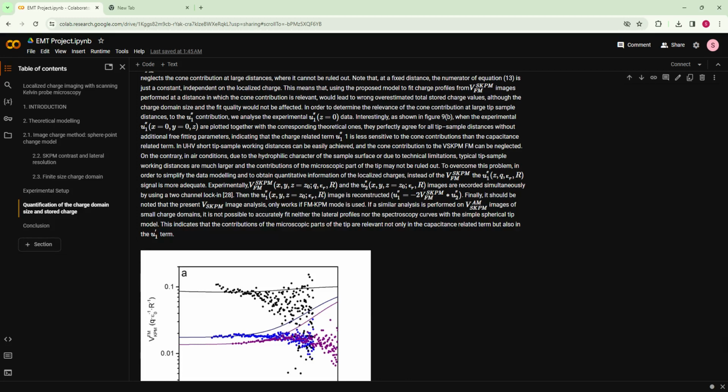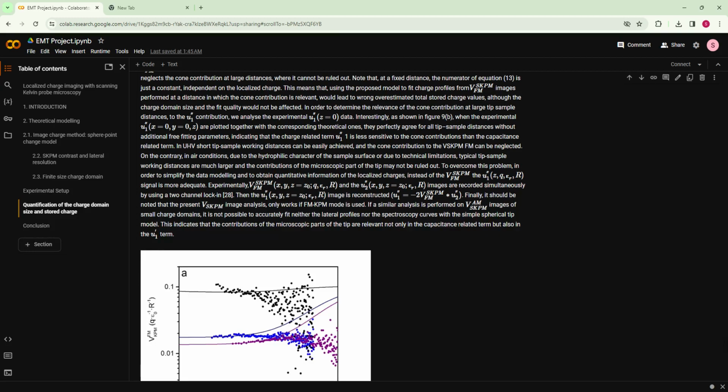So, to overcome this problem, in order to simplify the data modeling and to obtain quantitative information of the localized charges, instead of the VSKPM FM, the U1 double dash Z Q epsilon R signal is more adequate, and experimentally VSKPM FM and the U2 double dash images are recorded simultaneously by using a two-channel lock-in.